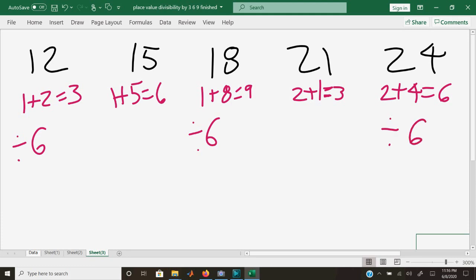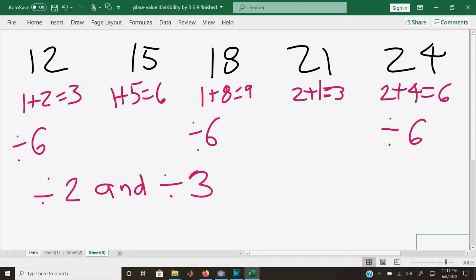So really, hopefully you see the pattern. If it's divisible by 6, it is divisible by 2 and divisible by 3. So to see if it's divisible by 6, you add the digits. If the digits are divisible by 3, you look to see if it's an even number, if it's divisible by 2.